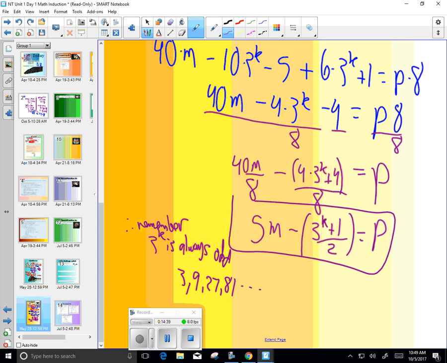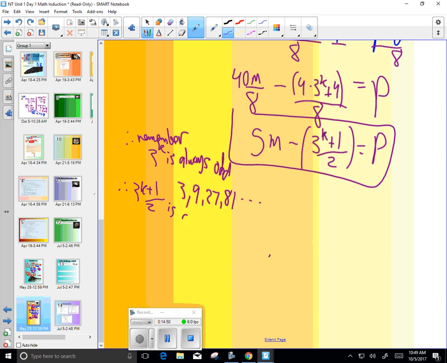Always going to be odd. Therefore, 3 to the k plus 1 over 2 is always what? Always an integer, because this is going to be an even over 2.